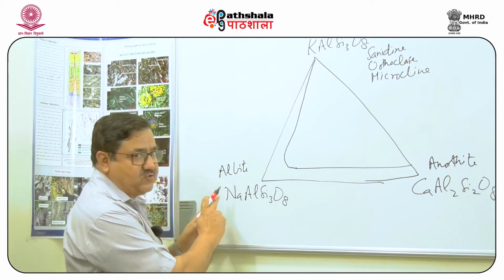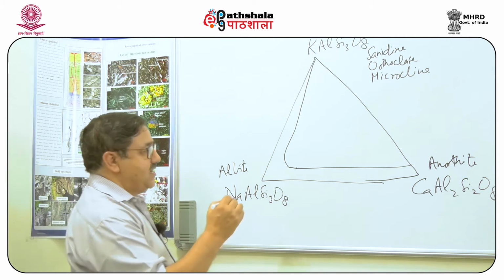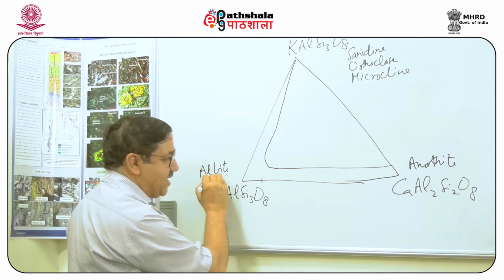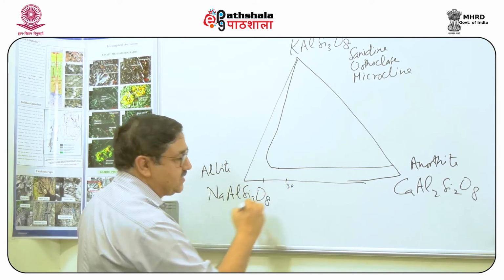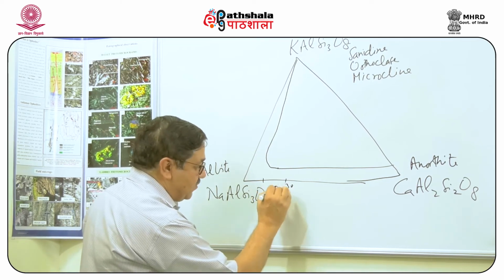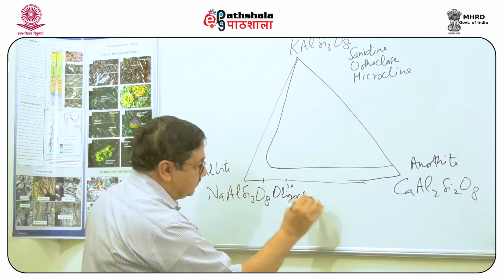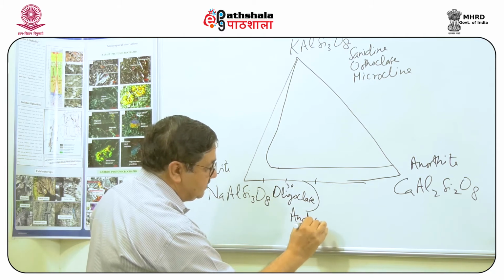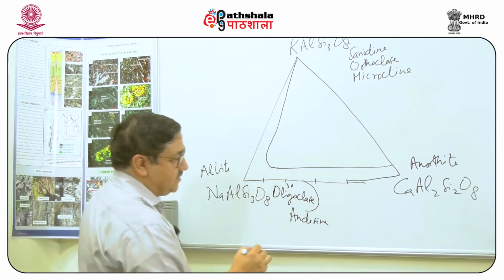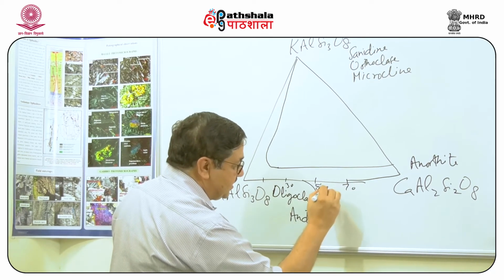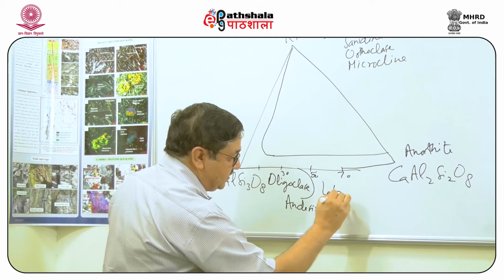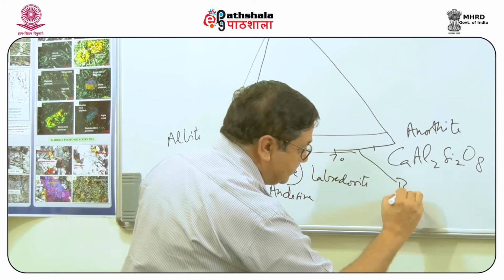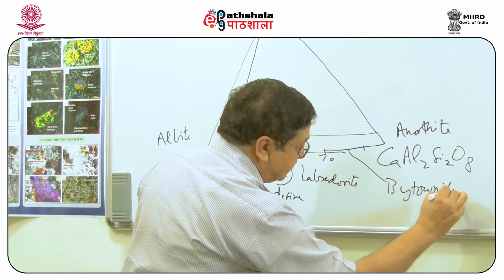When we look at the sodium and the calcium feldspars, the various divisions are: at 0 to 10 mole percent it is called albite, 10 to 30 mole percent it is known as oligoclase, 30 to 50 mole percent it is known as andesine, 50 to 70 mole percent it is known as labradorite, and 70 to 90 it is known as bytownite.